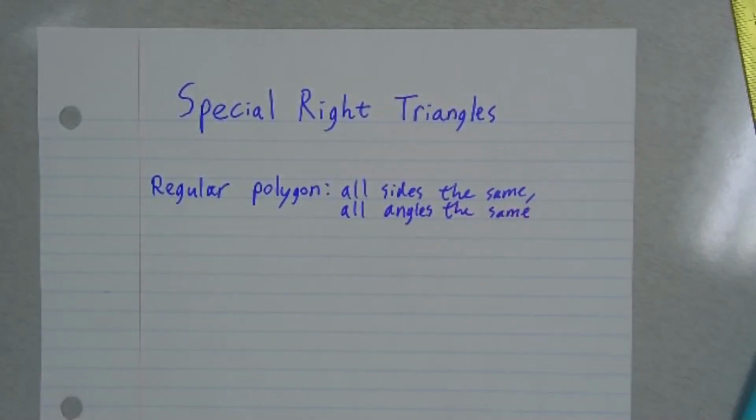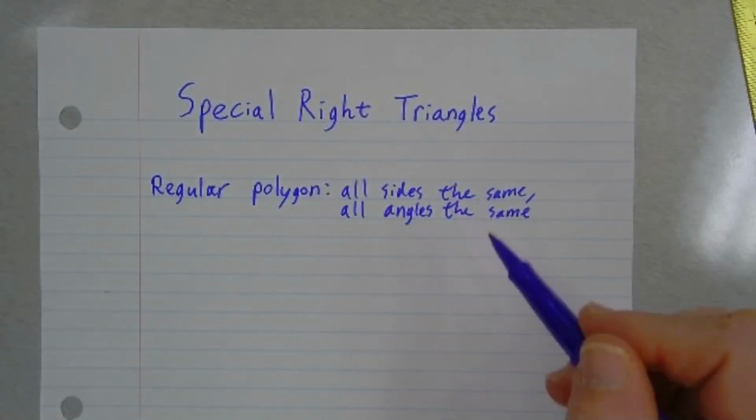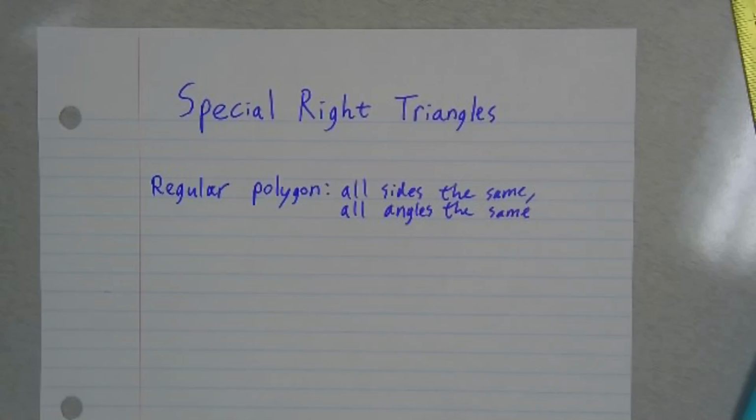And certainly you've seen many, many triangles in your life that don't meet this criteria. Their sides are different lengths. Their angles aren't all the same. But let's start by looking at the special triangle that comes from a regular triangle.